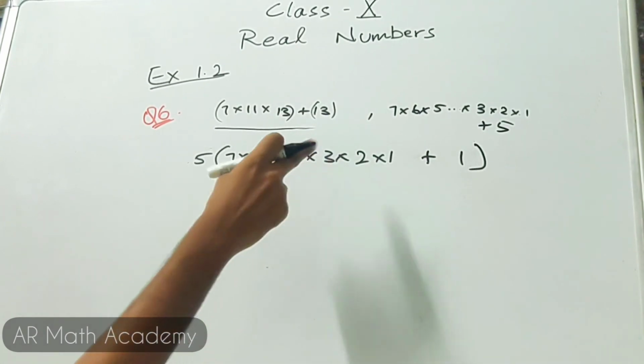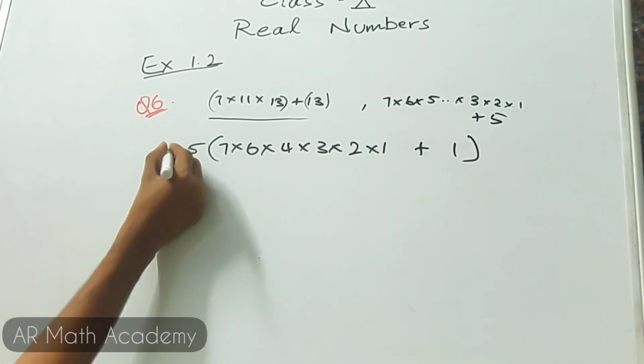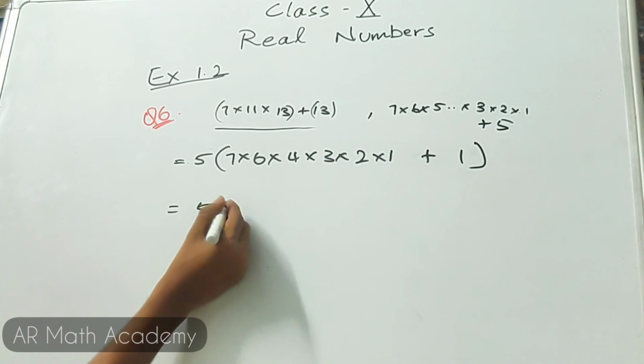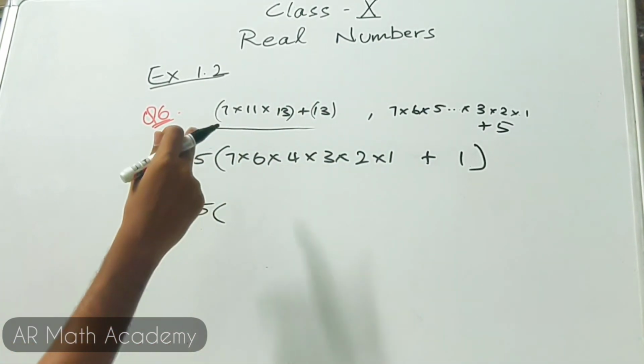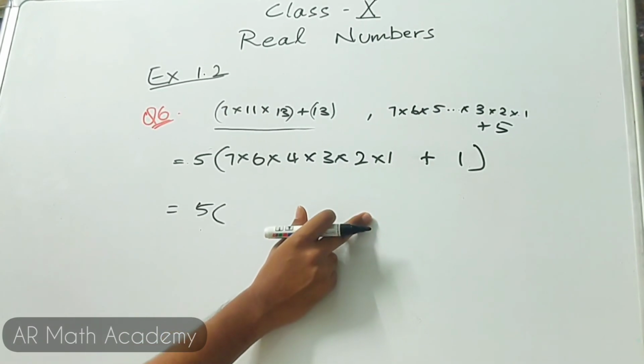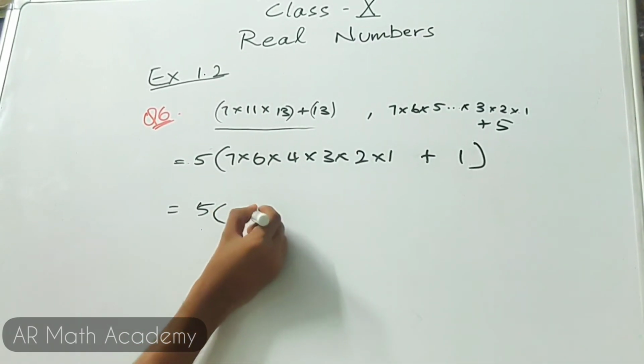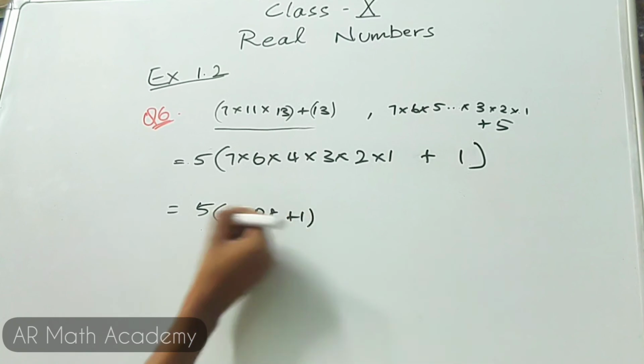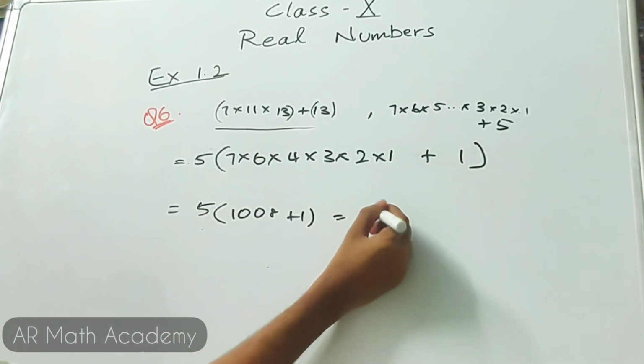This is the result when you take 5 out as common. When you take the product of all these numbers, 7 into 6 into 4 into 3 into 2 into 1, the number will be 1008. 1008 plus 1 will be 1009. So 5 times 1009.